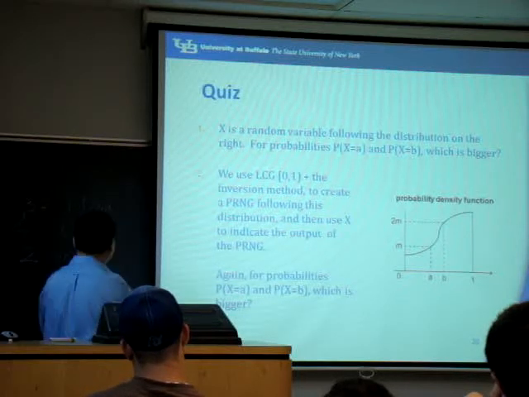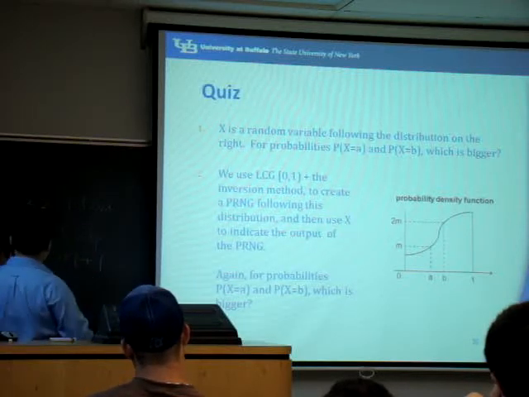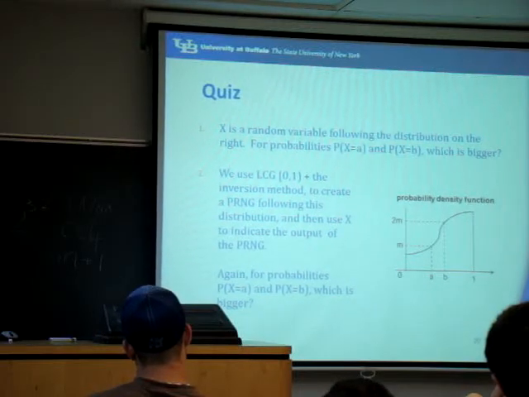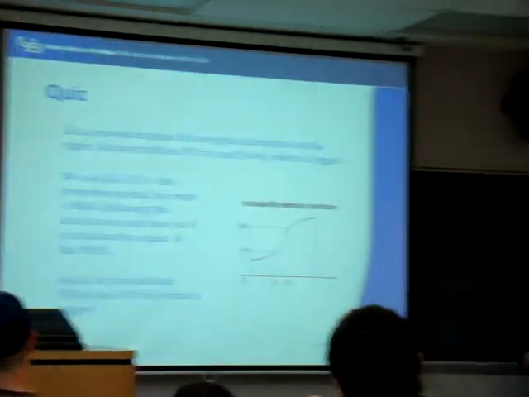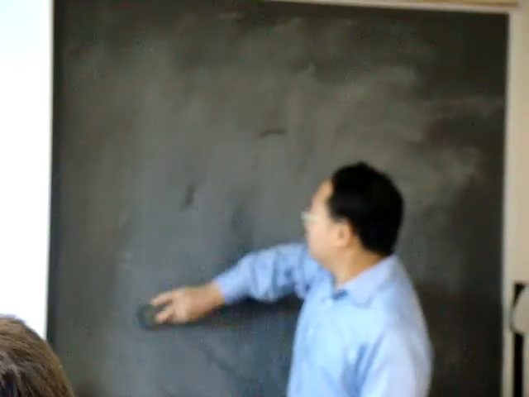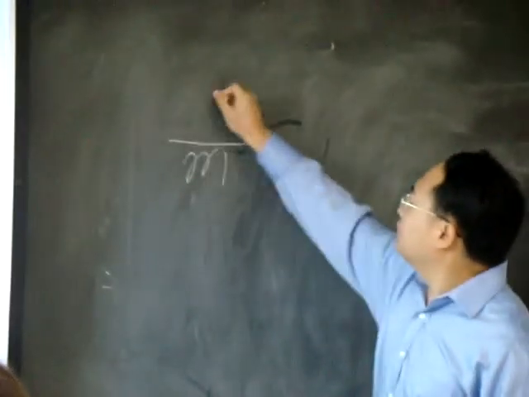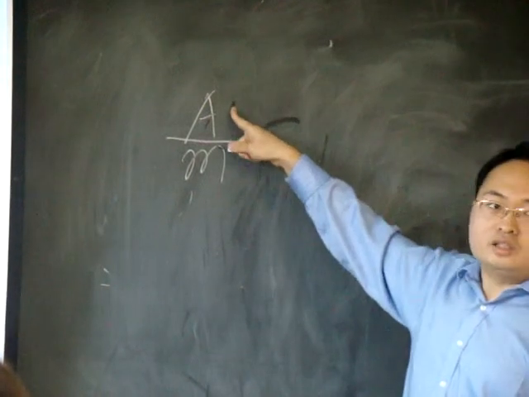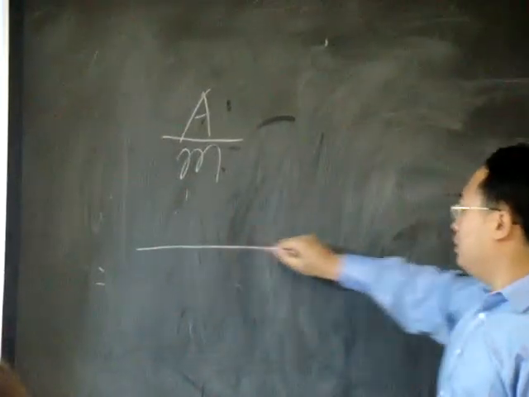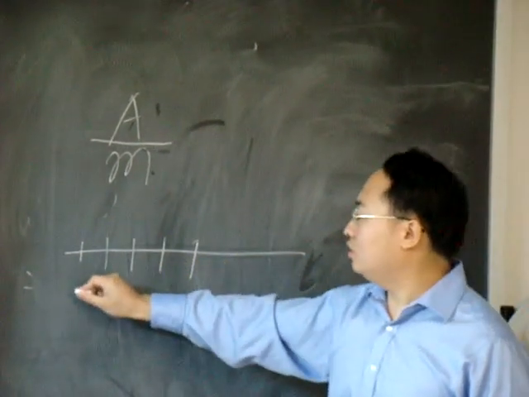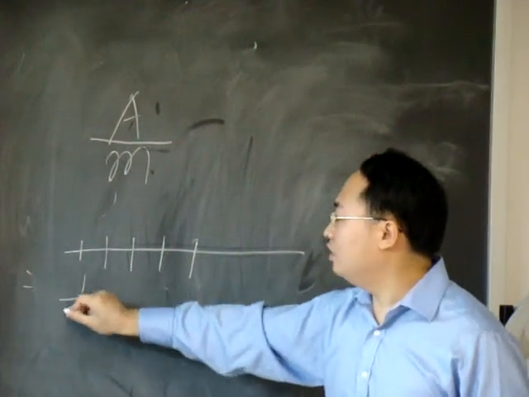So the result is from 0 to 1, but the interval will be equal to 1 over n. If we divide something by n, and this is any integer, then we get numbers with equal intervals. The interval will be the inverse of n.